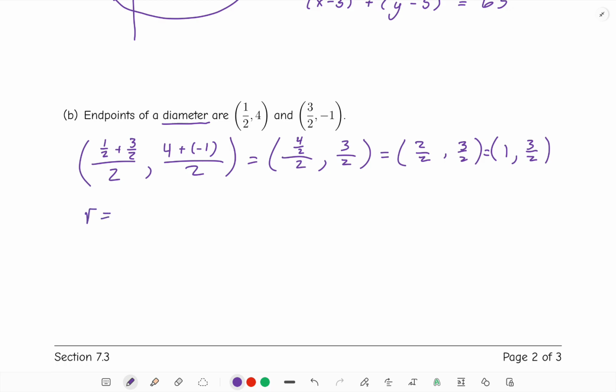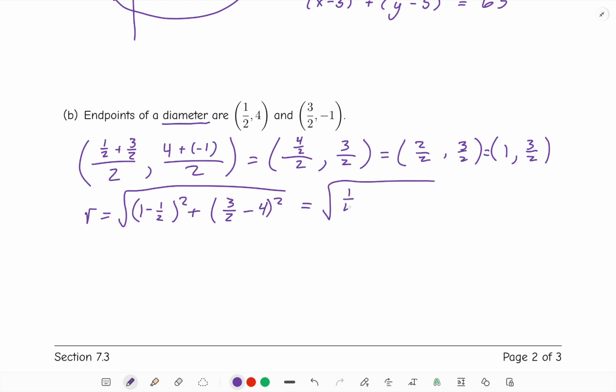And then the radius is the distance from the center to either of the endpoints. So that'll be the square root of 1 minus 1/2 squared plus 3/2 minus 4 squared, which is the square root of 1/4 plus 25/4, which equals the square root of 26/4.